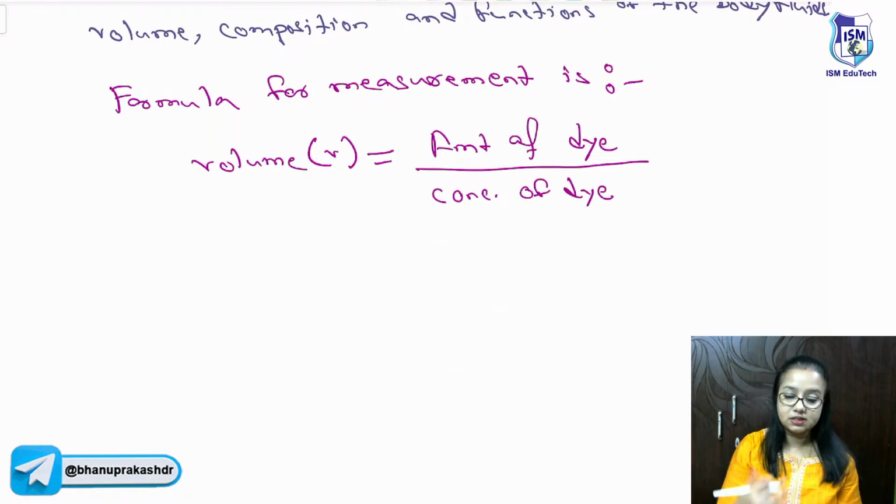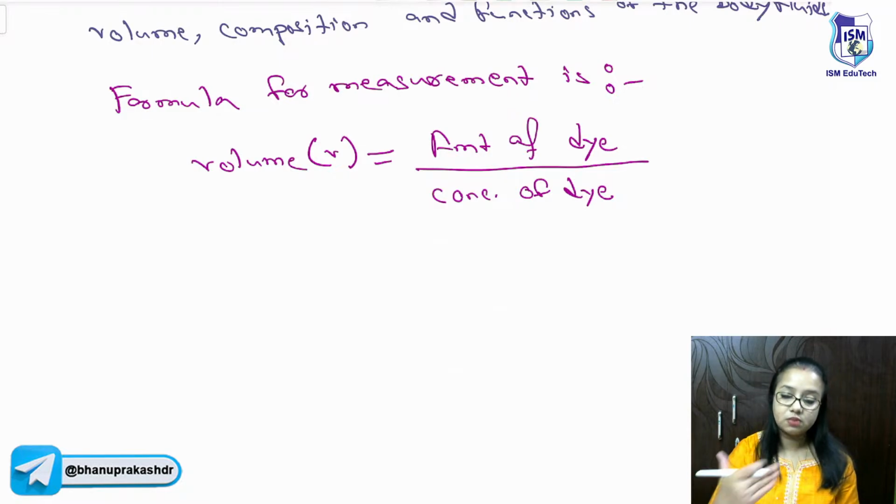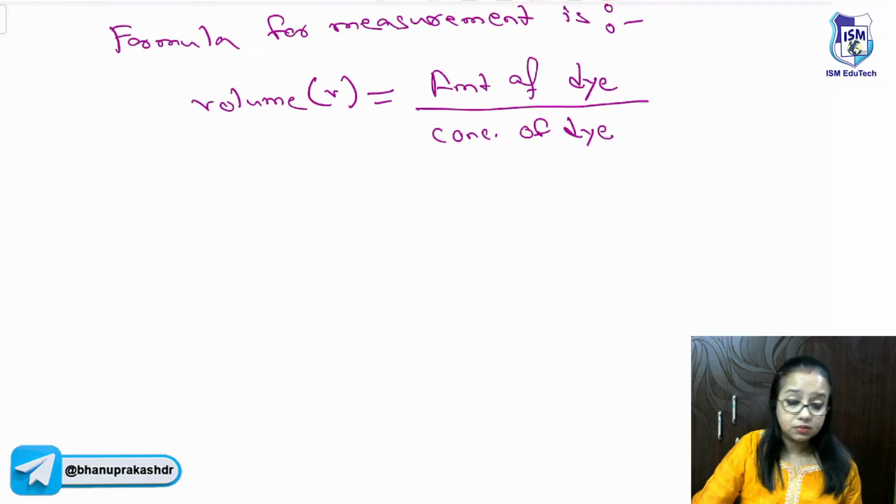So by difference, the concentration of the dye that we have administered and, after circulation, how much is present in the sample that we withdraw, it will give us the understanding about the quantity of the various body fluids.